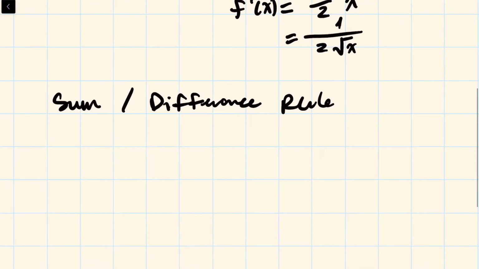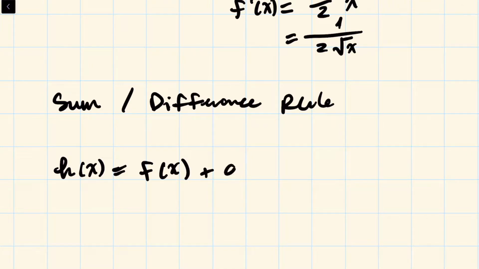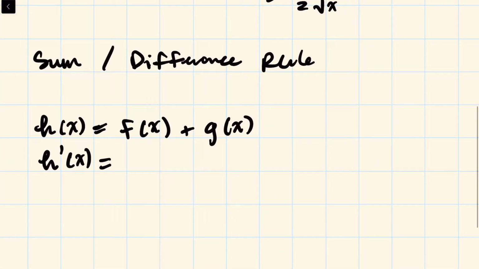So let's get into the sum difference rule here. The sum difference rule just states that if h of x equals f of x plus g of x, those are 3 distinct functions, the derivative of the function, h prime of x, is going to be pretty simple: just f prime of x plus g prime of x.